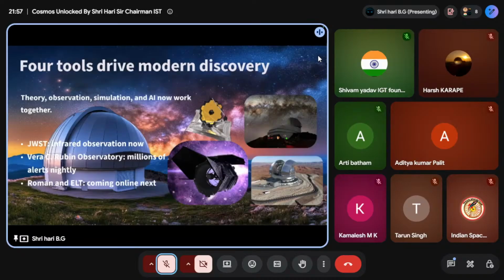The above two telescopes are in existence and working online now, and the below two are under construction and launching, and will soon be online. So this was about the four tools, and now we will tell what you should do right now to enter this field.